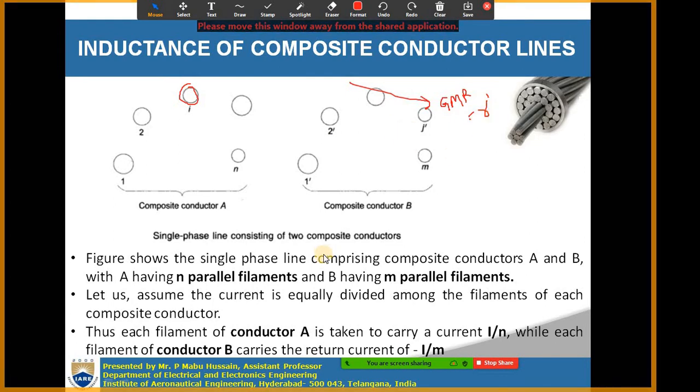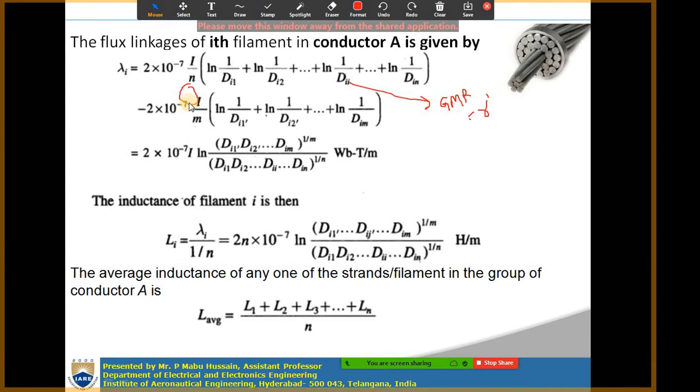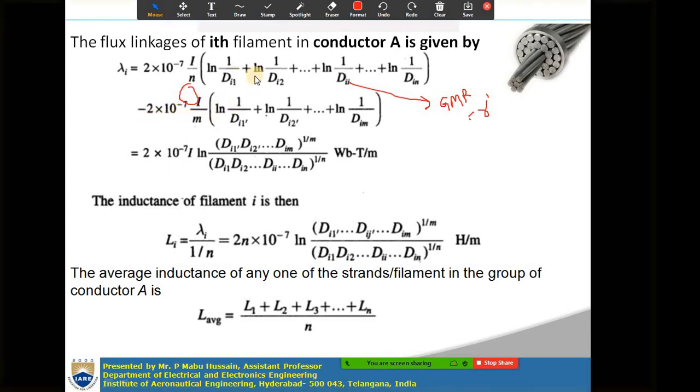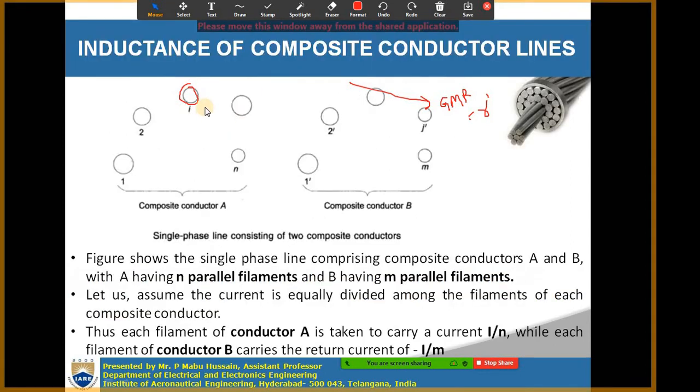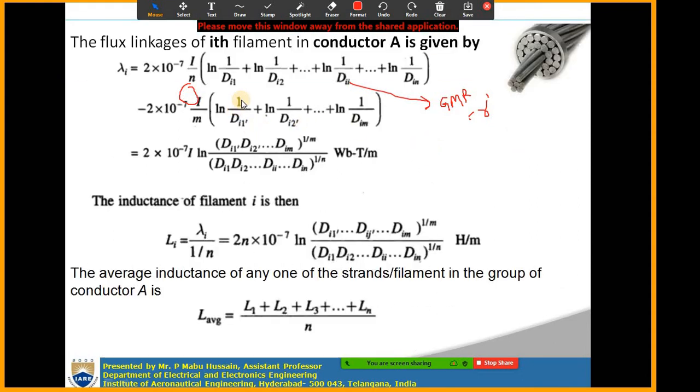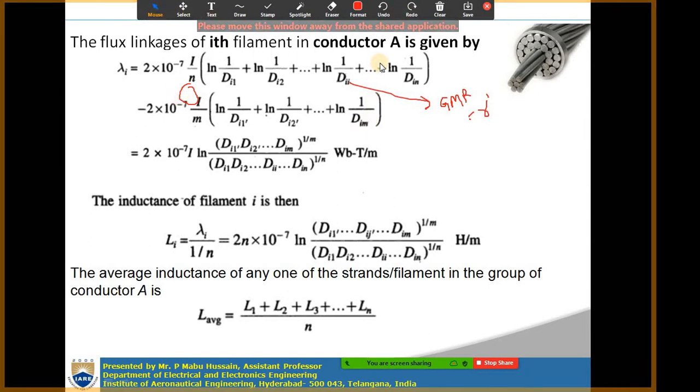So here you have to write minus I by m into 2 into 10 power minus 7 into ln 1 by the distance from the ith conductor to 1 dash, plus ln 1 by the distance from the ith conductor to 2 dash, plus and so on, ln 1 by the distance from the ith conductor to m dash. So this is the total expression for flux linkages of the ith filament or ith strand in conductor A.